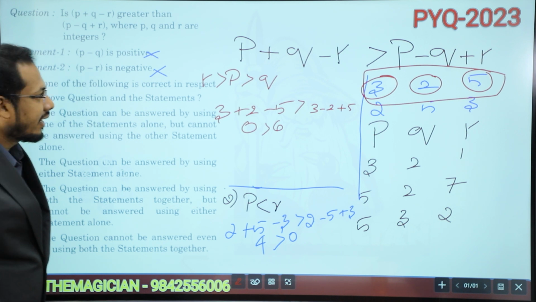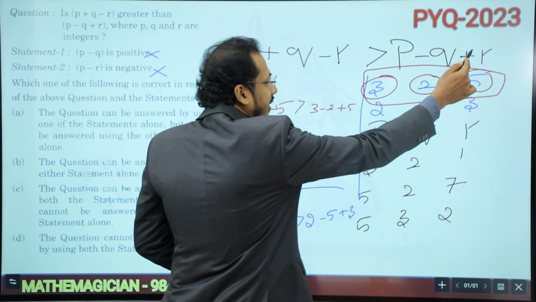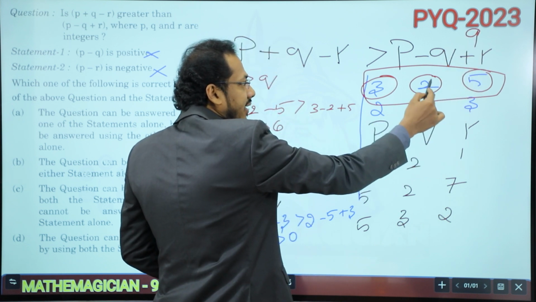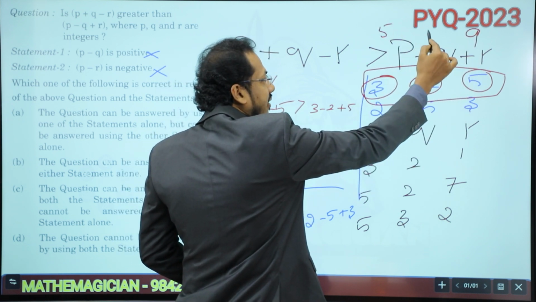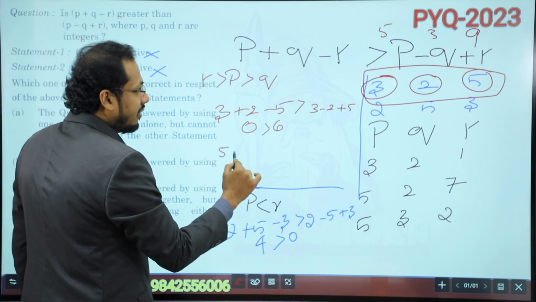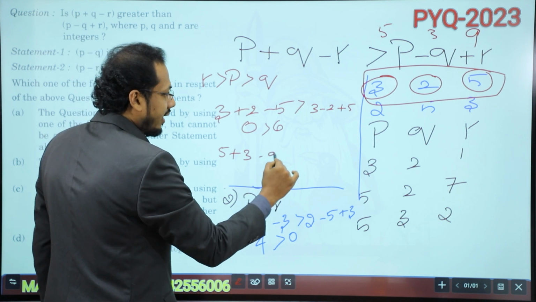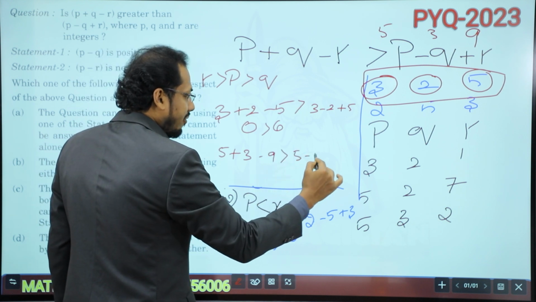Can we take any other numbers based on this? R should be a greater number. If I take R as 9, P as 5, and Q as 3, what will happen? P plus Q minus R is 5 plus 3 minus 9, and here 5 minus 3 plus 9.